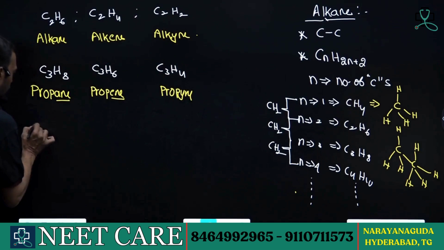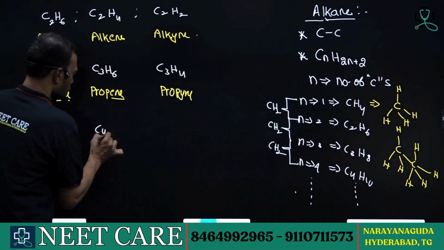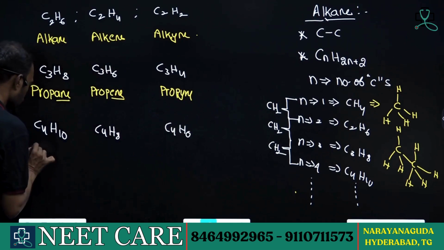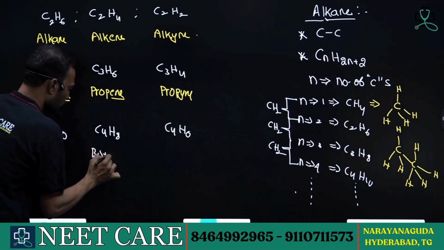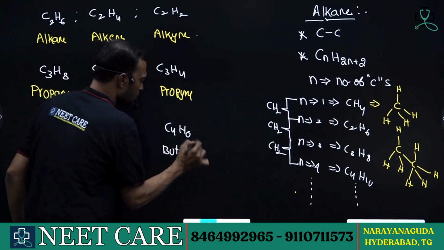Suppose I take one more, C4H10. Then in this case, C4H8, then C4H6 you will get. This is butane, this is butene, and this is butyne. Yne means triple bond.